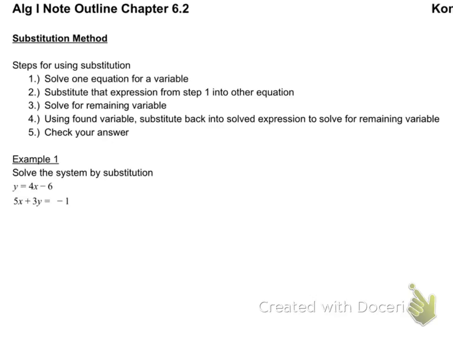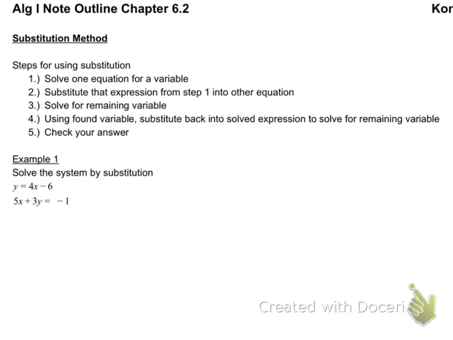So the example we are going to try to solve first by substitution is y equals 4x minus 6 and 5x plus 3y equals negative 1. Now if I was going to use substitution, again, step number 1 says solve one of the equations for a variable. Well, guess what?